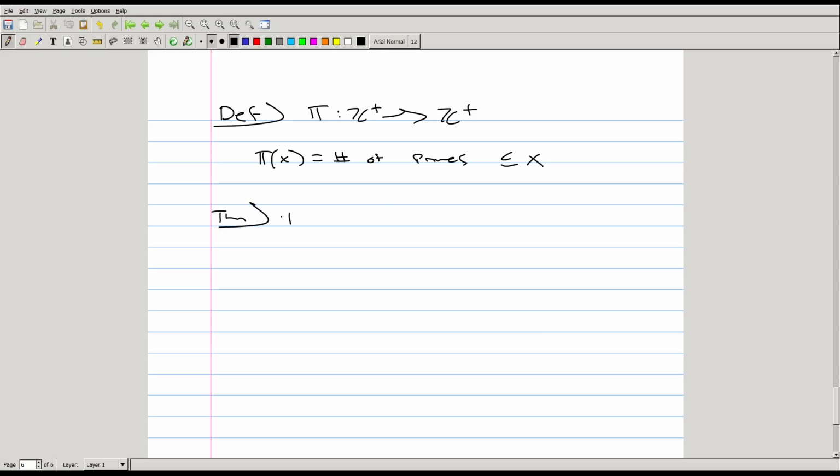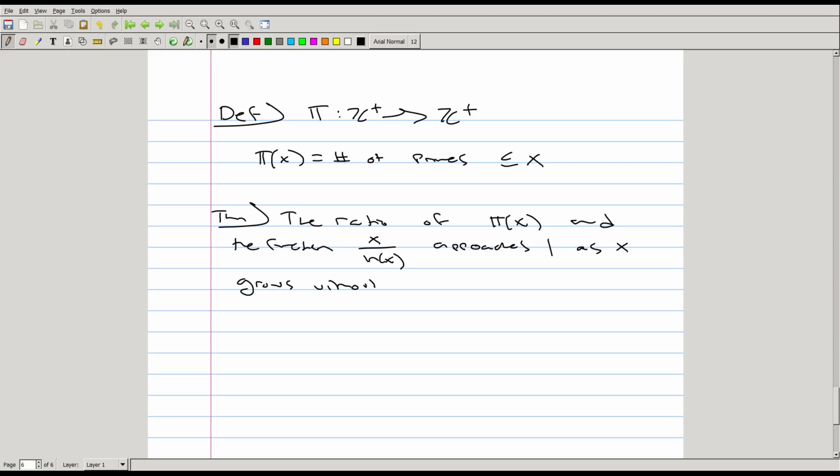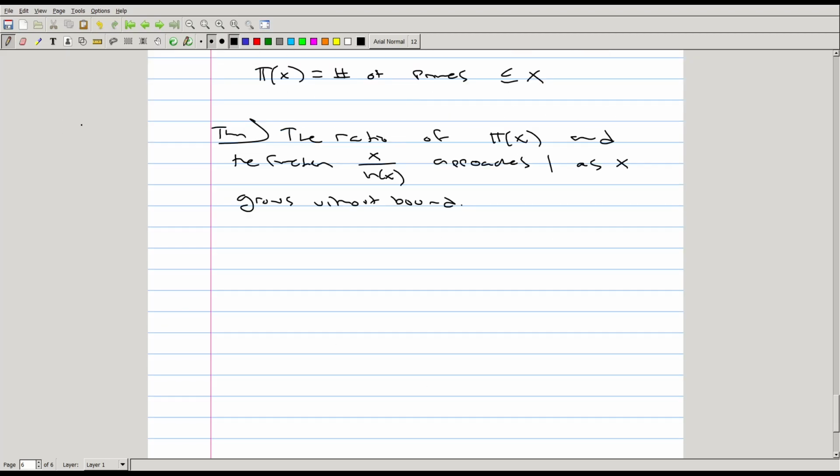And this is that the ratio of pi of x and the function x over natural log of x approaches 1 as x grows without bound. We're not going to prove this here, but it's a very important theorem to write down.